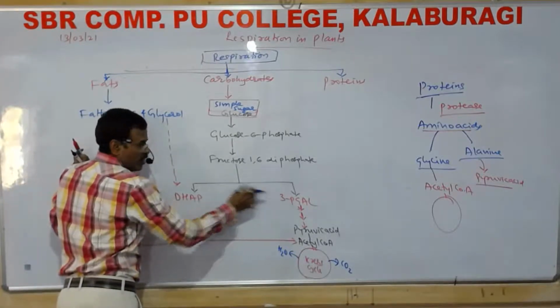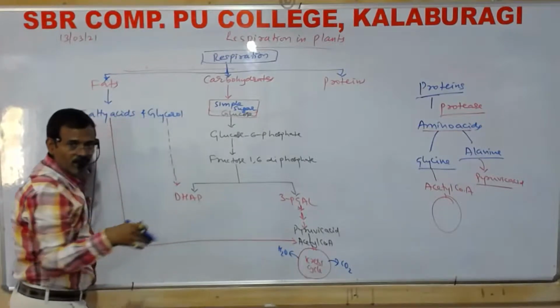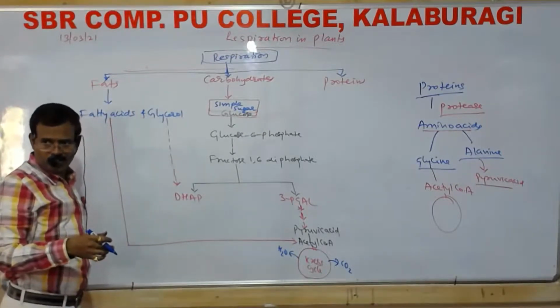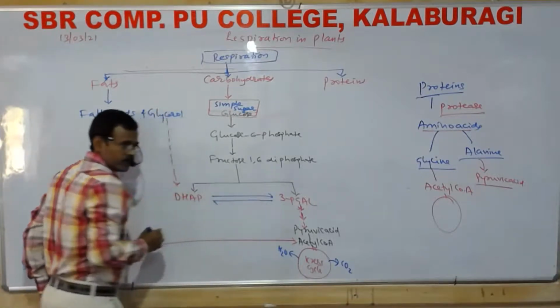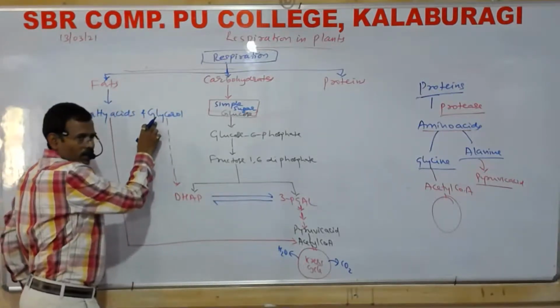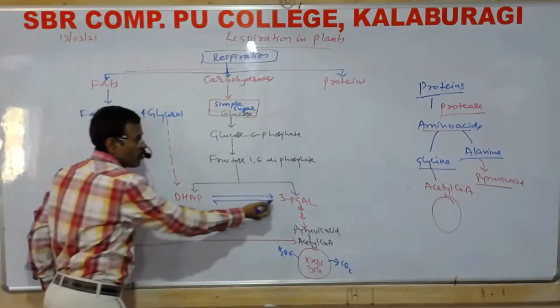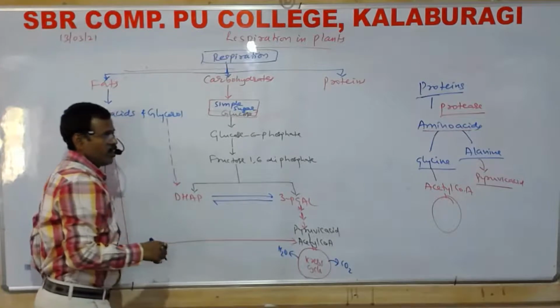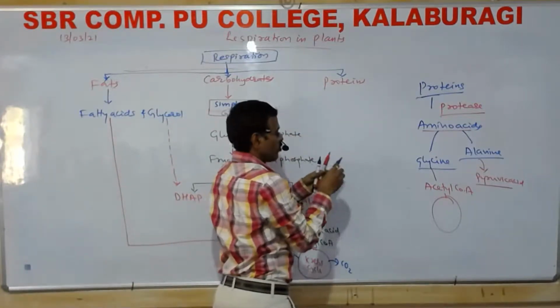Suppose this glycerol is used, then this glycerol can be converted into PGAL. PGAL and DHAP, what are these? Isomeric forms. Is it or not? They are usually isomeric forms. So glycerol, if there, is converted into 3-PGAL. Now say here, proteins.